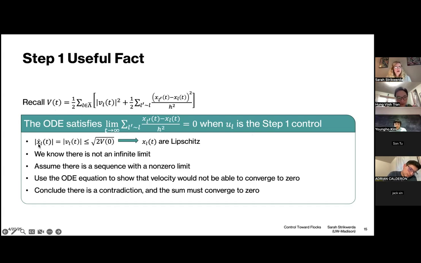And so we have that the XL dot is equal to VL, and that is less than or equal to 2 times the initial V of 0. And so that means that these XL are Lipschitz. And we know that there is not an infinite limit. So we assume that there's a sequence with a non-zero limit, but then we can use the ODE equation to show that the velocity would not be able to converge to 0. And so that means that the sum does actually converge to 0.